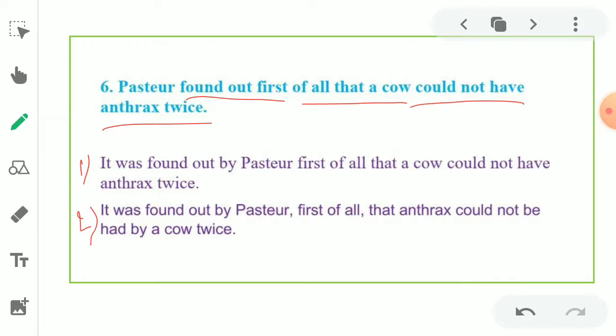The problem is the way the sentence is written. At first, I have written: it was found out by Pasteur, first of all, that a cow could not have anthrax twice. The sentence is right. We can understand this sentence. There is not much change, so the meaning is not changed here.